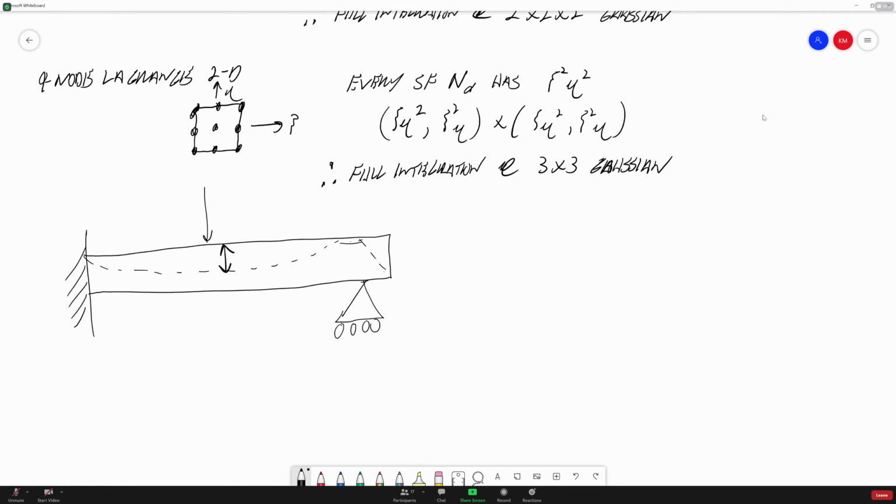So if we have a large displacement, would this be versus small?